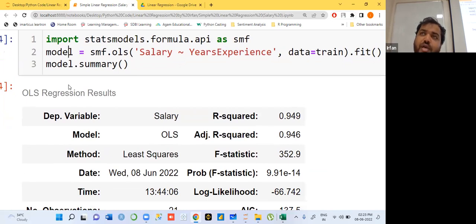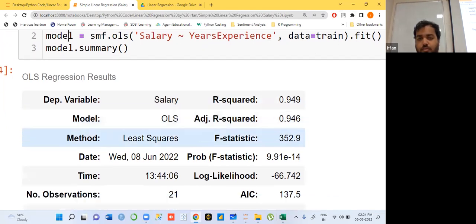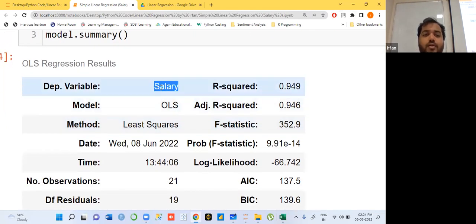Guys, total how many rows do we have? 30 rows. 70% of 30 rows is how much? Repeating my question. 70% of 30 rows. Anyone? What is the dependent variable name? Salary.